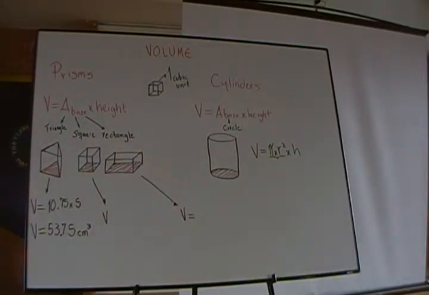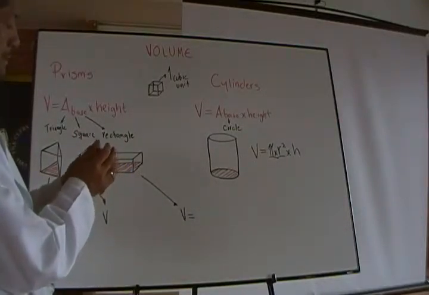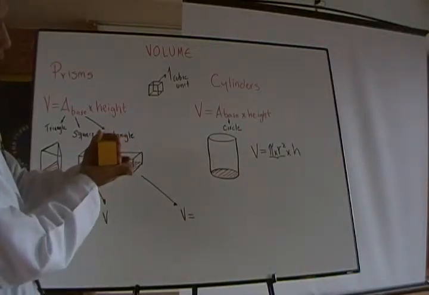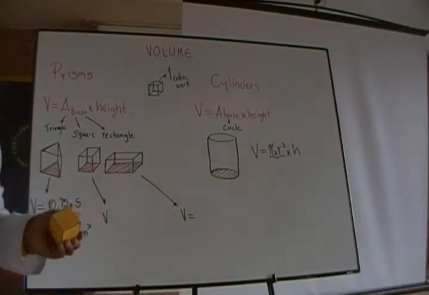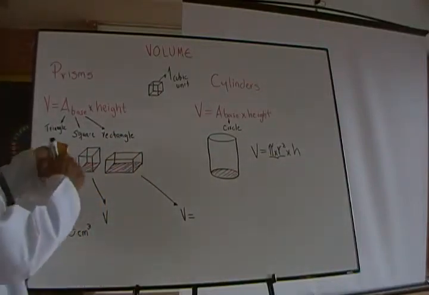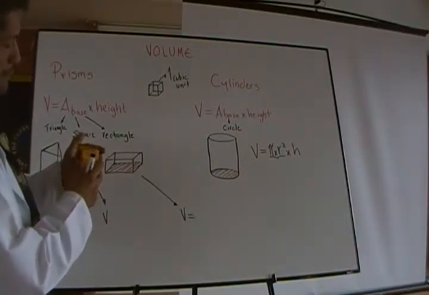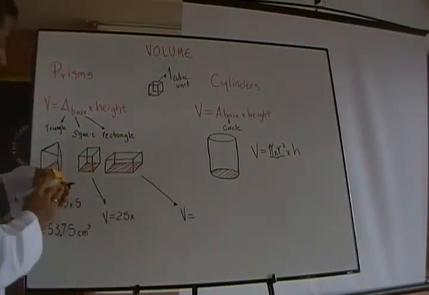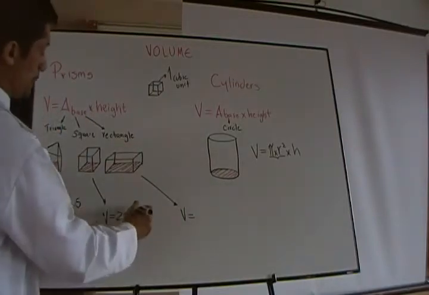So in the example of the cube, I know that for the cube, whatever base is taken into consideration, it's going to be a square. So if I put it this way, the base is a square, or any way I put it, it's going to be a square. So the area of the base is, in this case, 5 times 5, so 25 square centimeters, times the height. The height in this case is, again, 5 centimeters.